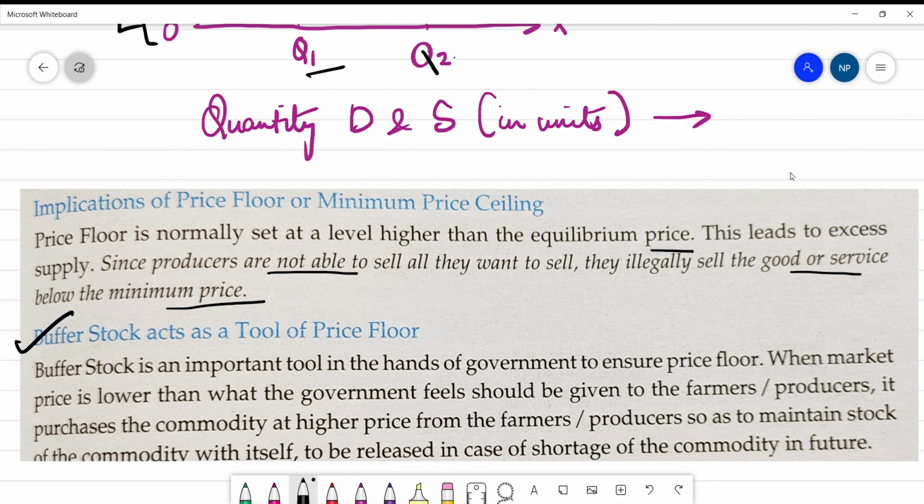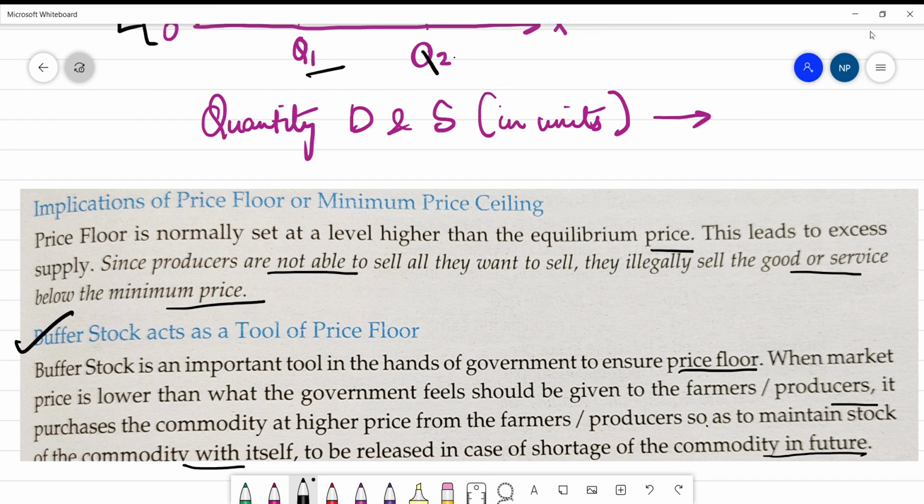Buffer stock is an important tool in the hands of government to ensure price floor. When market price is lower than what the government feels should be given to the farmers or producers, it purchases the commodity at a higher price from them so as to maintain stock of the commodity with itself, to be released in case of shortage in the commodity in future.